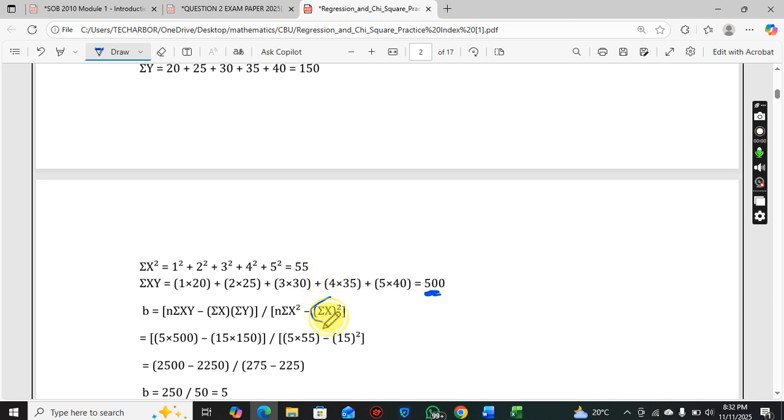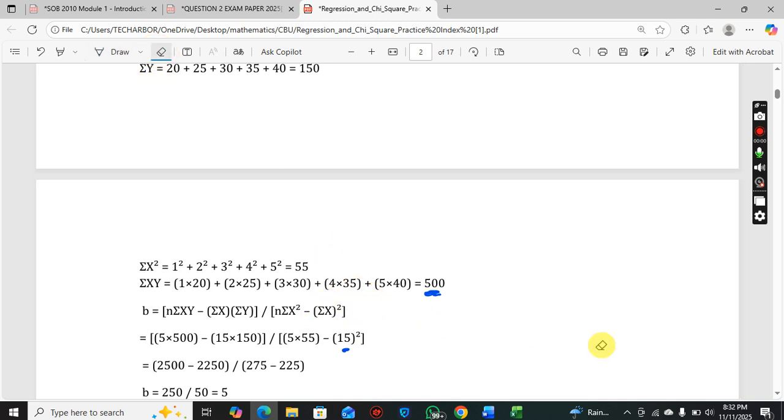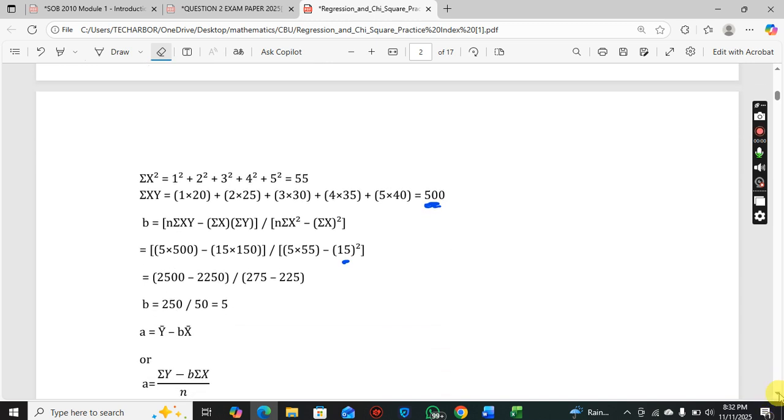Then this last one, the square of sigma x: remember the total of x we got was 15. So that 15, you're going to square it. Any other queries?